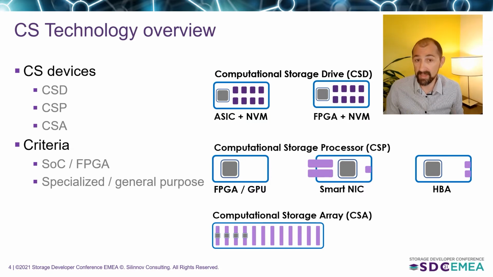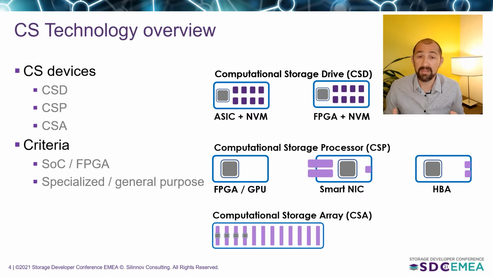The CSP is a computational storage processor, so a kind of accelerating card with no storage inside. And the CSA, which is at the system level with the integration of CSD, CSP, and traditional drives. Today I will mainly focus on CSD and CSP, since the CSA is just the integration of CSD and CSP.